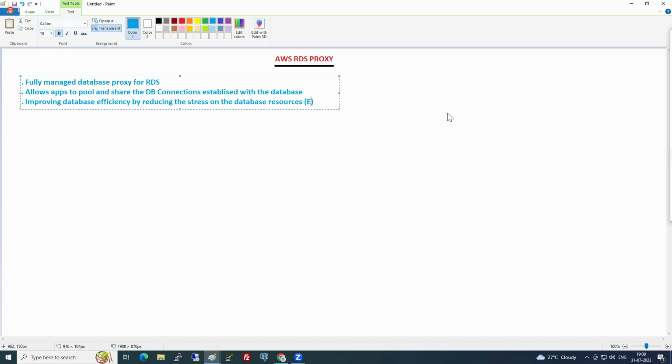Resources meaning, for example, your CPU and RAM. And it minimizes open connections and timeouts.